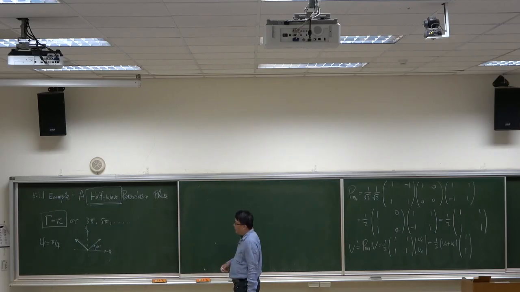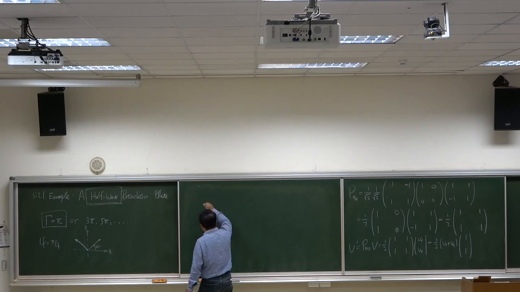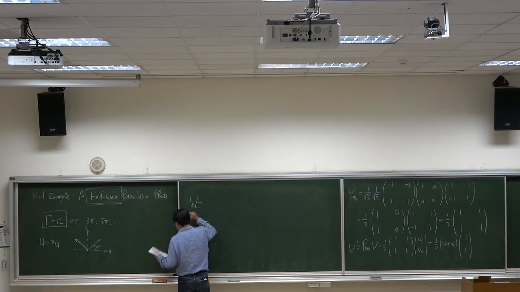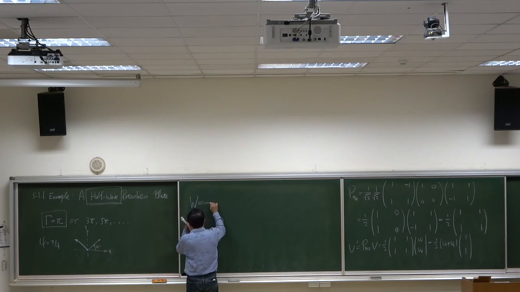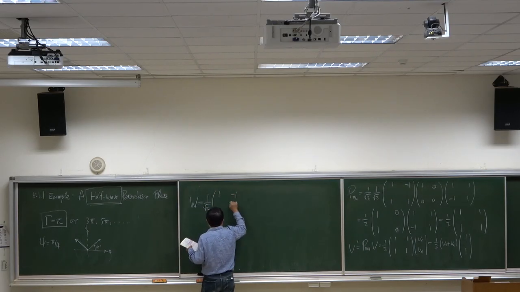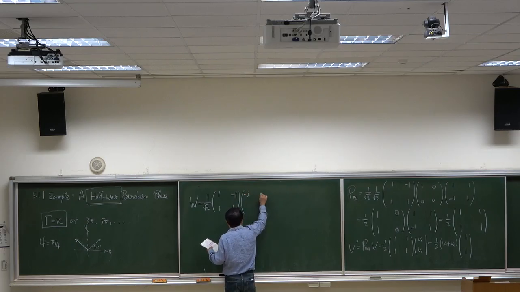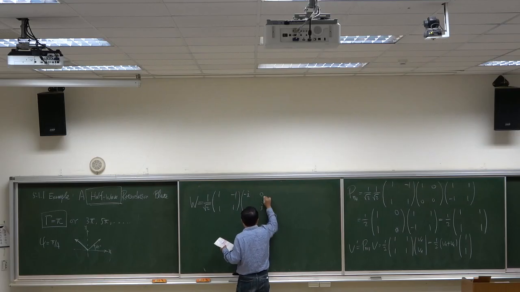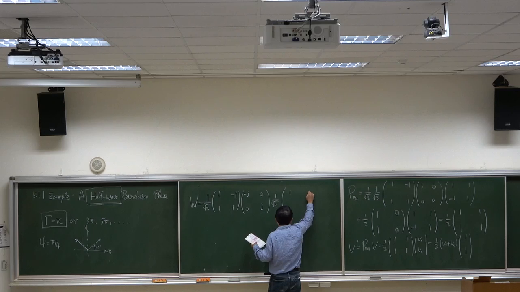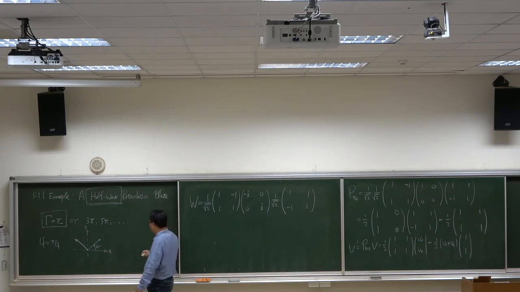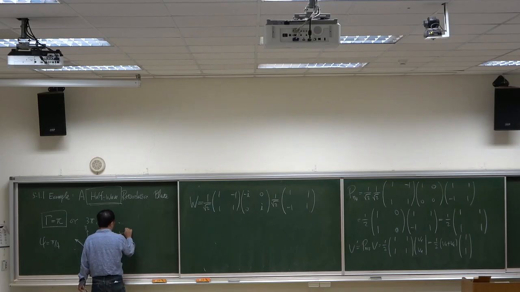Okay. Then once we have this result, then W is equal to this: minus i, 0, 0, i. Here we have used this factor, exponential minus i gamma over 2.